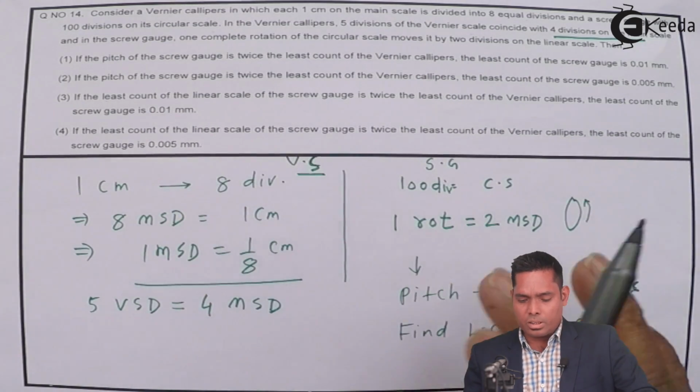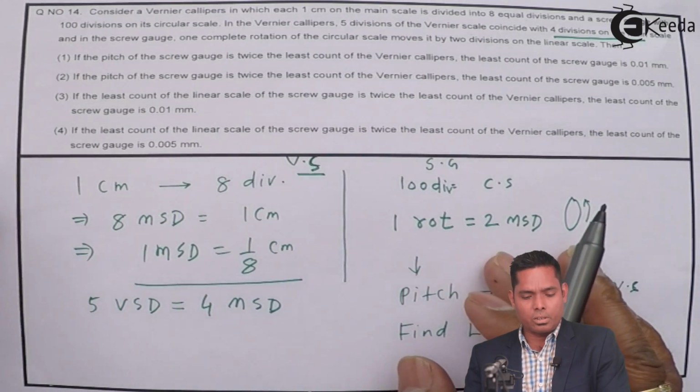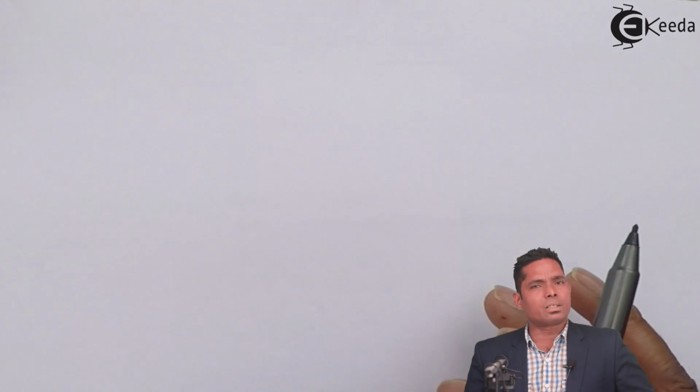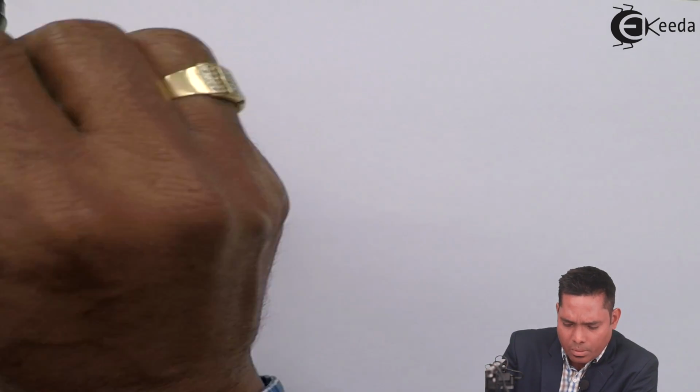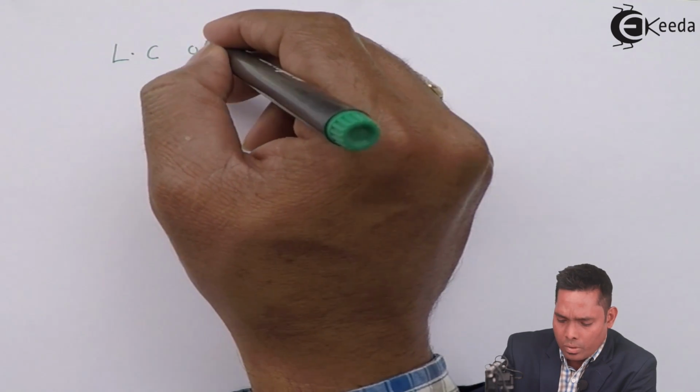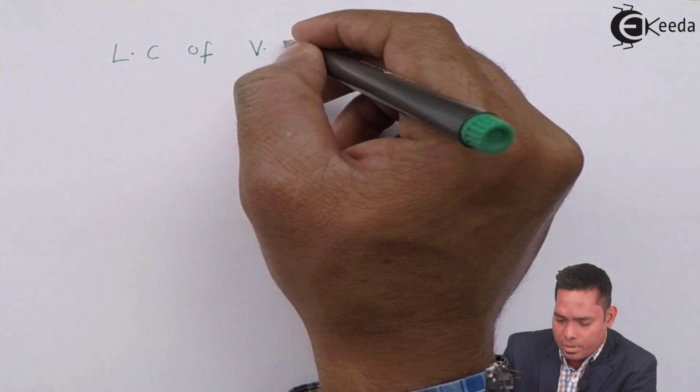This is the type of question being asked. So first let us find the least count of both the instruments given. First of all, the least count of the vernier calipers.